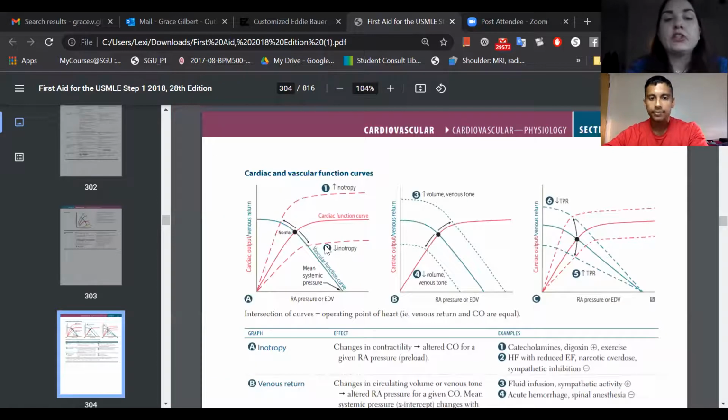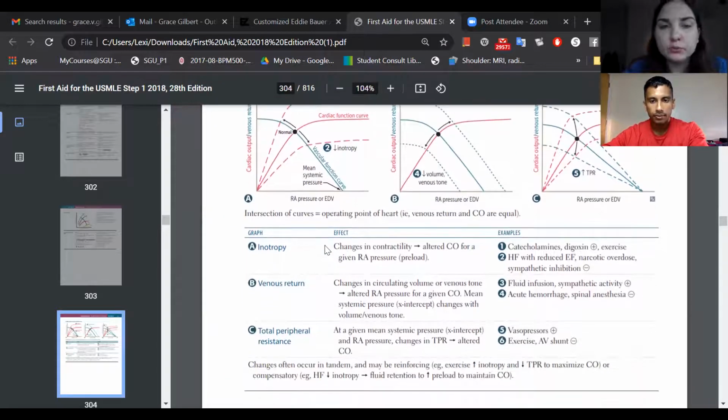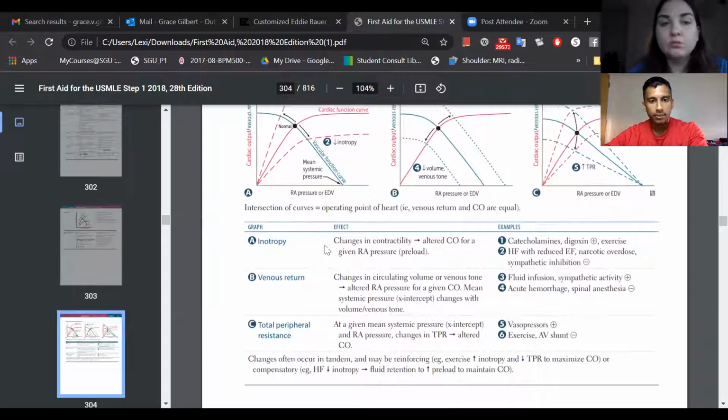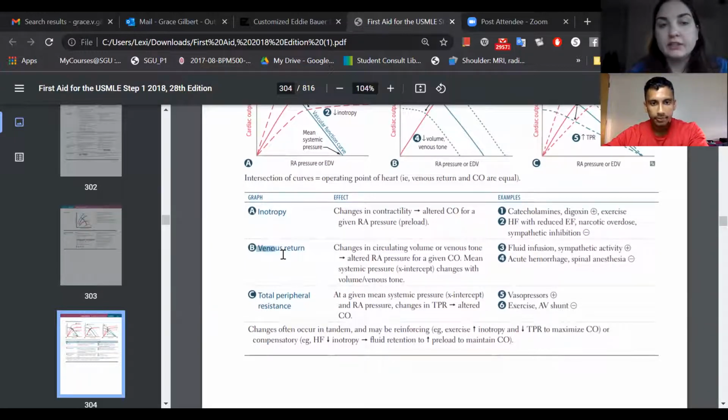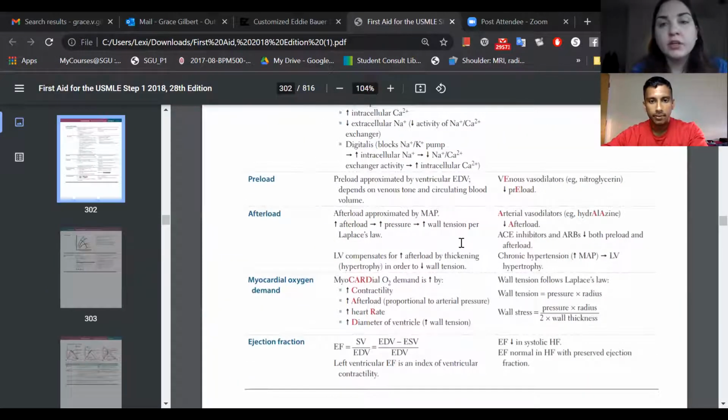Okay. So if we go down to where they explain it in words, we can go to this graph, this here, B. I have one question. Why is it looking at right atrial pressure instead of like ventricular? I believe we use right atrial pressure to measure our preload. We'll go back to that right now.